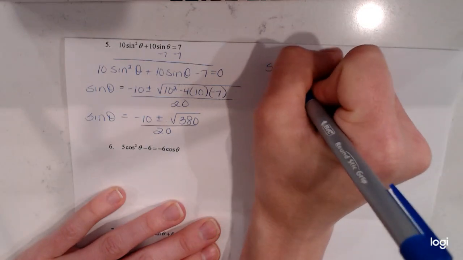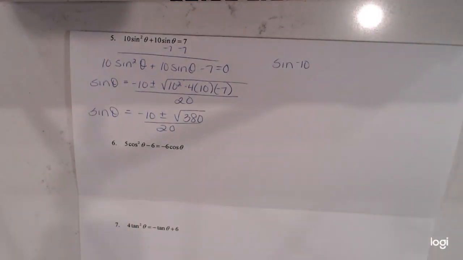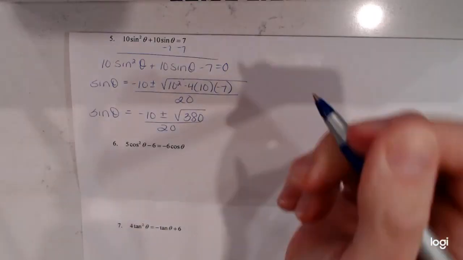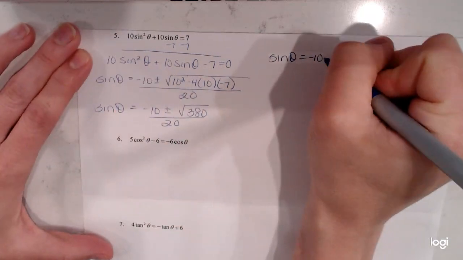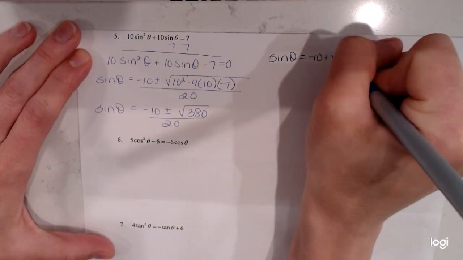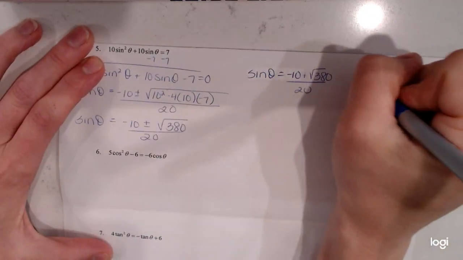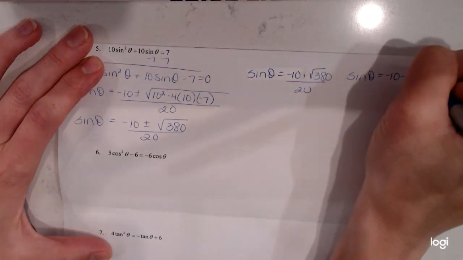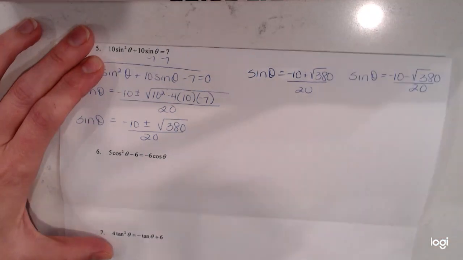So sine theta equals negative 10 plus the square root of 380 over 20. And sine theta equals negative 10 minus the square root of 380 over 20.